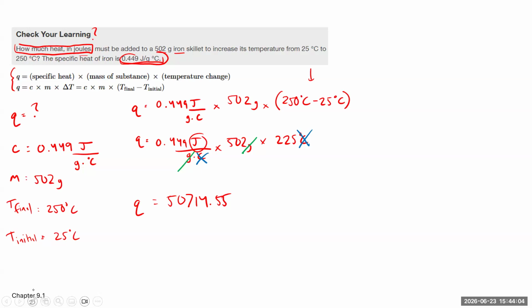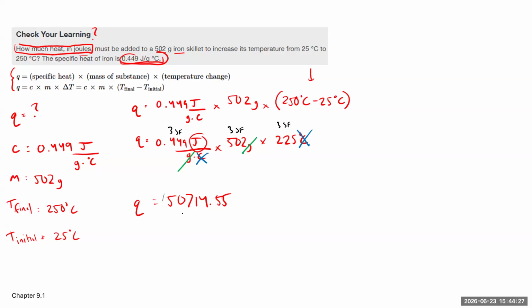Ooh, so now we're going to have to do sig figs. So let's look at the sig figs. We should have done this earlier, but here. When you subtract, we use the least amount of decimals. They're both 0 decimals, so 0 decimals here. This is great, right? So these are all significant. Because these are all multiplied, we have 3 sig figs here, 3 sig figs here, 3 sig figs here.